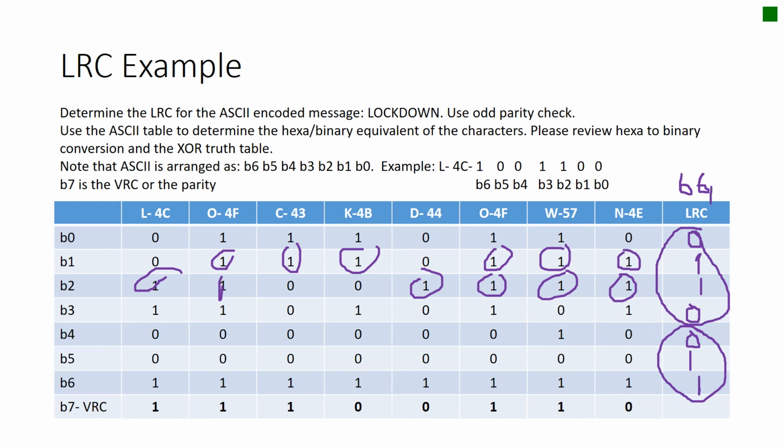So that is 66 hexa. So use the ASCII table to determine what is the character equivalent of 66 hexa. 42 is 6, and then another 42, the translation of binary is also equivalent to 66 hexa.